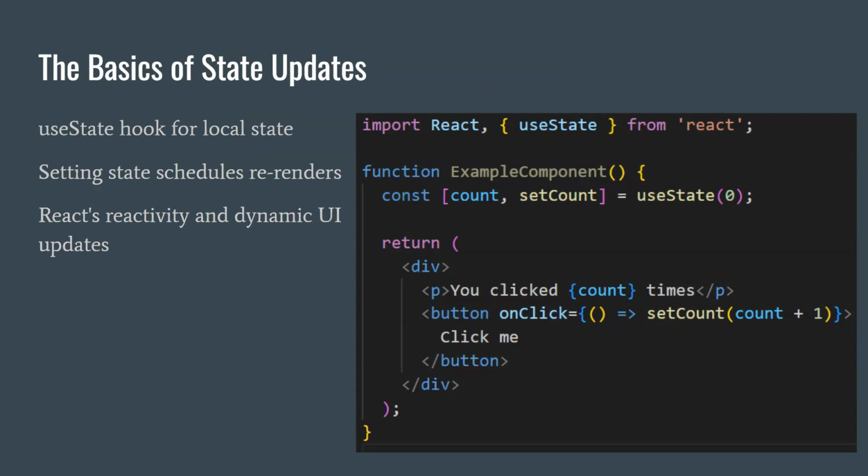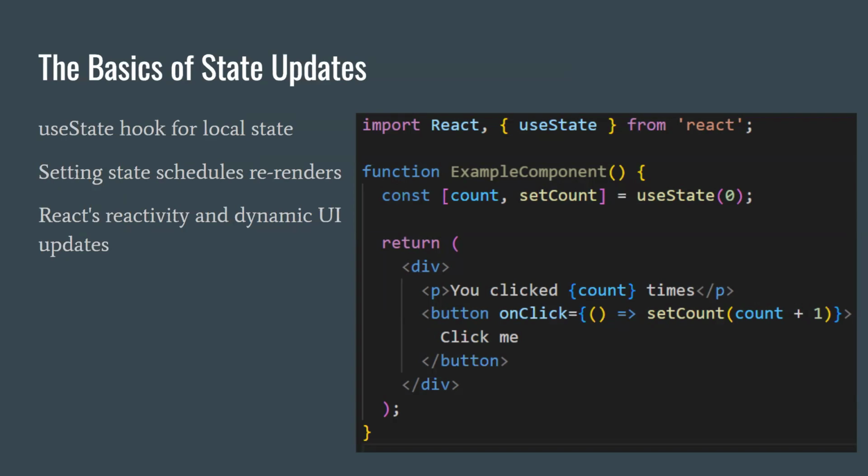You will learn more about state in a different lecture, but if I were to give a brief overview of the basics of state updates in React, the useState hook allows us to add local state to functional components.